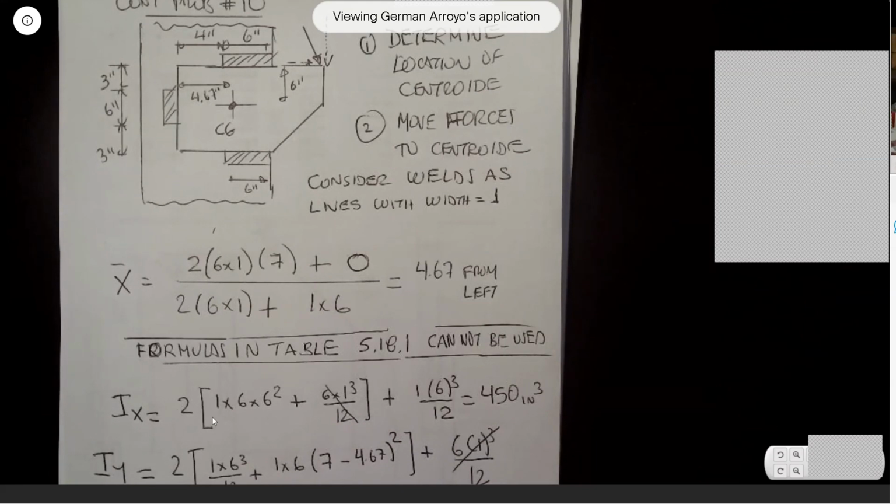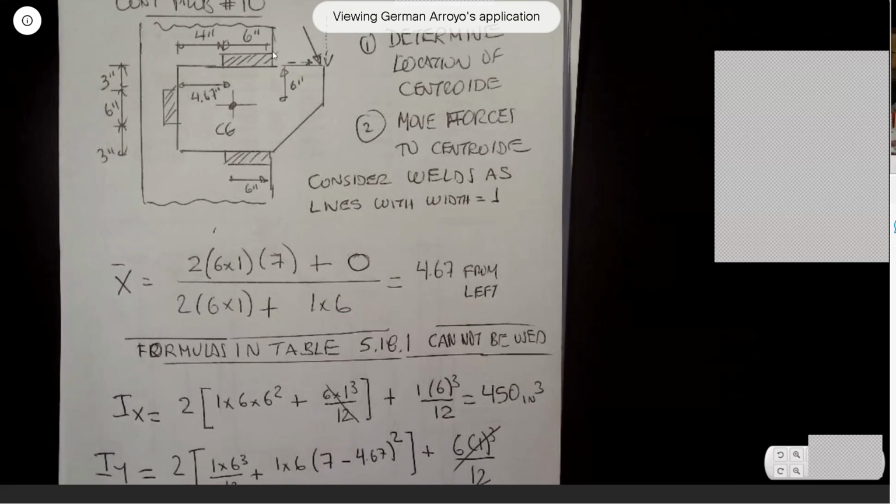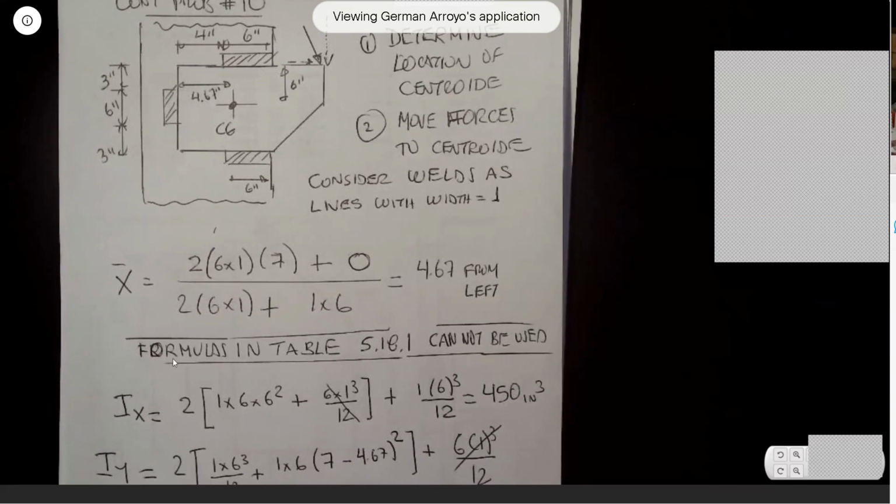This in here is the area 1 times 6 times the distance squared. The distance is 6, so 6 squared, and this one doesn't have this dimension. So 2 times this area, because there is one at the top and one at the bottom, times the area, that is 1 times 6, times the distance squared, that is 6 squared.